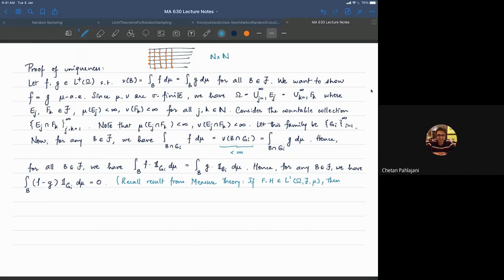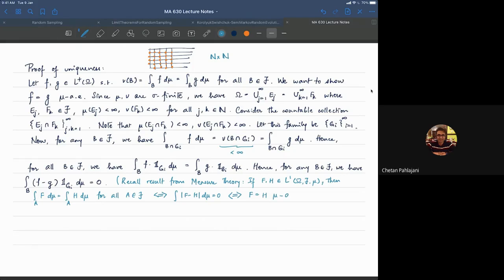The integral over A of F d mu equals the integral over A of H d mu for all A in F. This is equivalent to the integral of the absolute value of F minus H d mu equals 0, which is equivalent to F equals H mu almost everywhere.